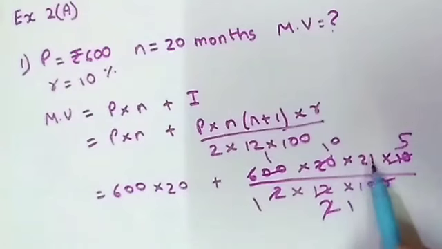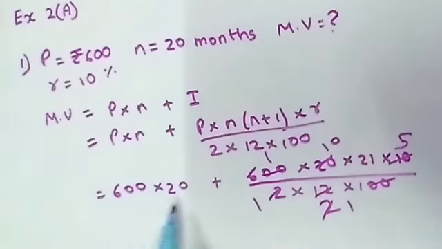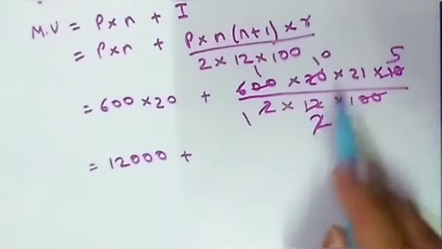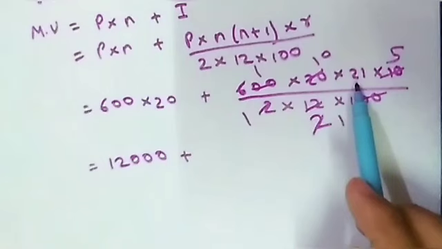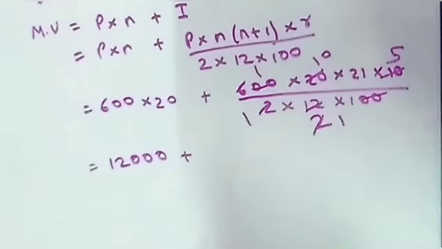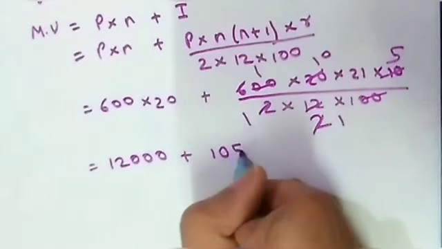So it will be 21 into 5 into 10, and here it is 600 into 20. 6 into 2 is 12 and 3 zeros, plus then 10 into 21 into 5. 21 into 5 is 105. 105 into 10 is 1050.